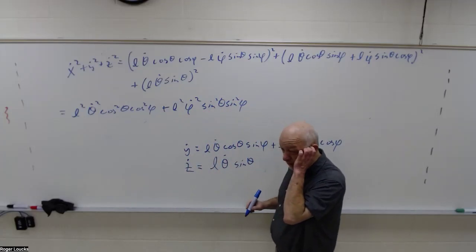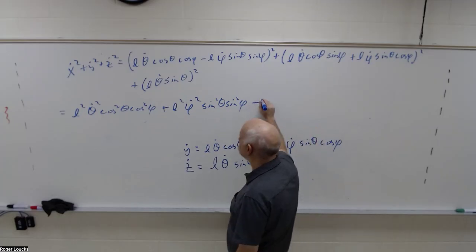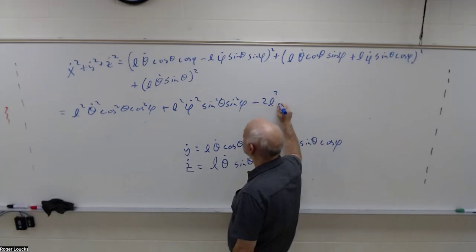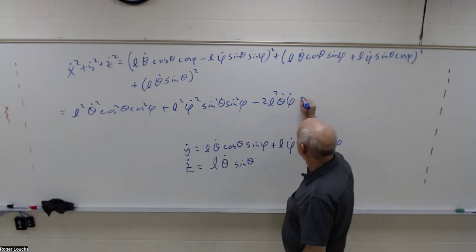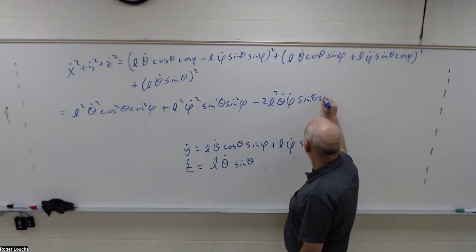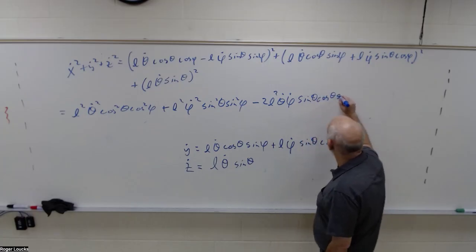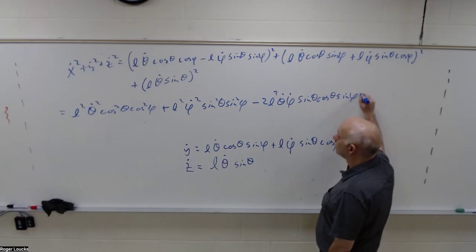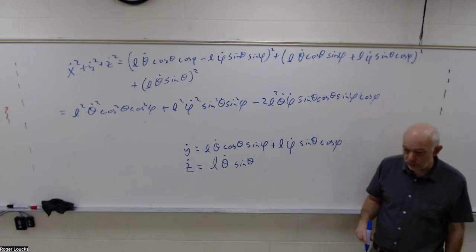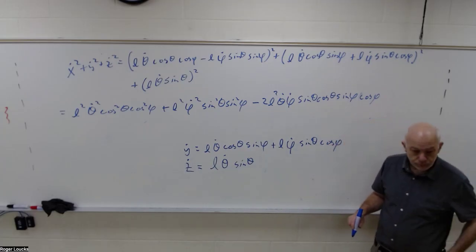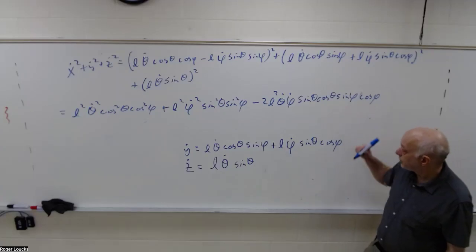Then I'm going to get twice the cross term. That's my x dot squared. Does that make sense? Good. Now let's do the same for the next term.